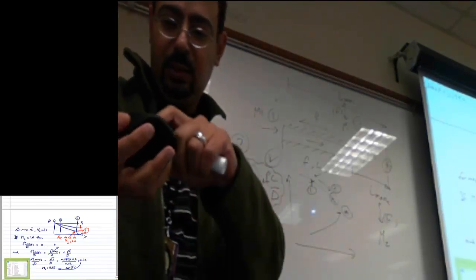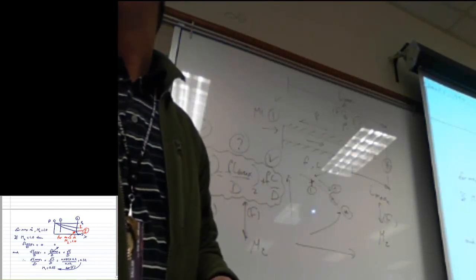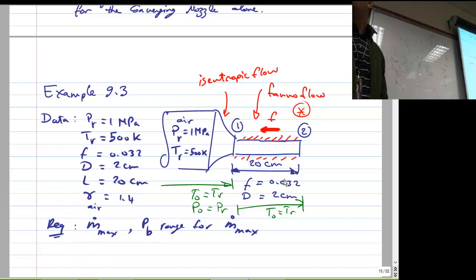So let's review this problem very quickly. We solved this problem before, right? So here is the inlet condition in the tank, which is not exactly 1. If you have P naught and T naught through this isentropic nozzle, it's not P1 and M1, right?